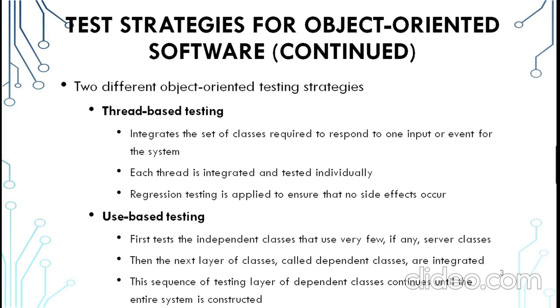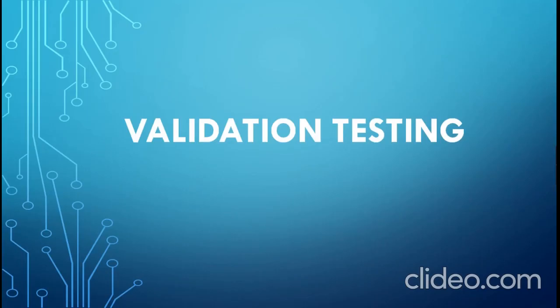After the independent classes are tested, the next layer of classes, called dependent classes, that use the independent classes are tested. This sequence of testing layers continues until the entire system is constructed. So this is how these two different object-oriented testing strategies are used in object-oriented software.